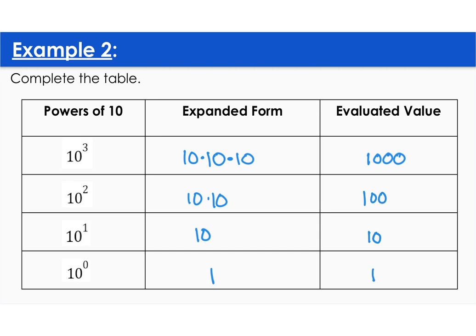Do we see a pattern? So if I have a 3 here, how many zeros do I have over here? When we're working with powers of 10, I have a 2 here, 2 zeros here, 1 and 1. And when I have 0, how many zeros do I have? 0.